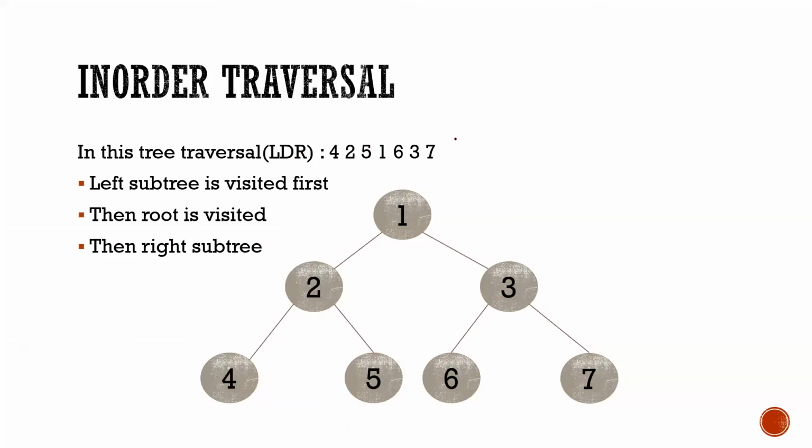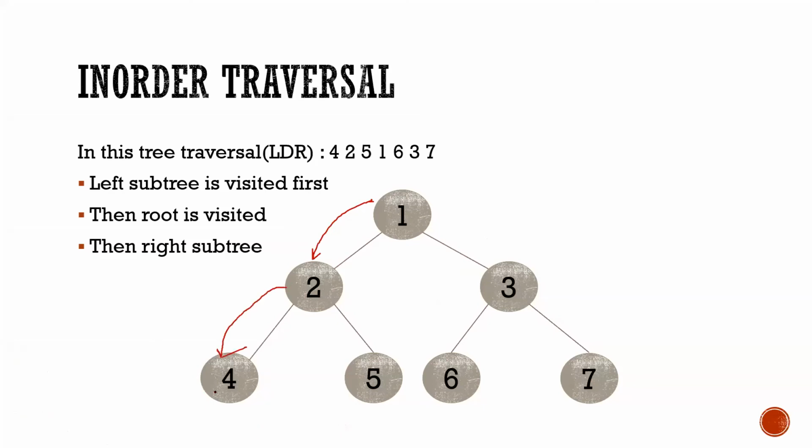In the first condition we check if n equals null. Since 1 is not null, the tree is not empty, we move forward. Then n dot left, we came from 1 to 2. After that again n dot left, 4.